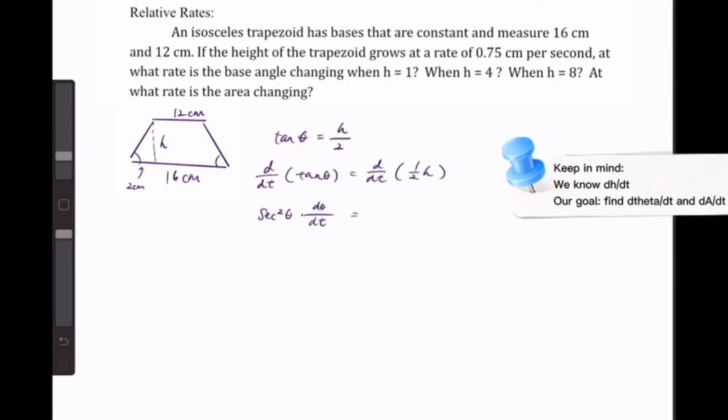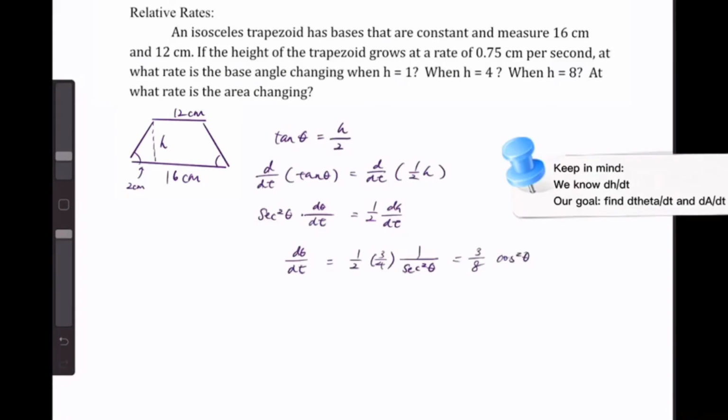On the right side, we simply get 1/2 dh/dt. By isolating d theta/dt on one side of the equation, and by plugging in 3/4 for dh/dt, we get 1/2 times 3/4 times 1 over secant squared theta, which can be simplified to 3/8 cosine squared theta.